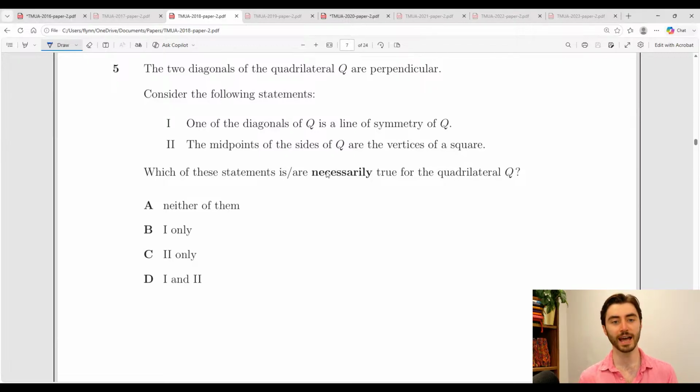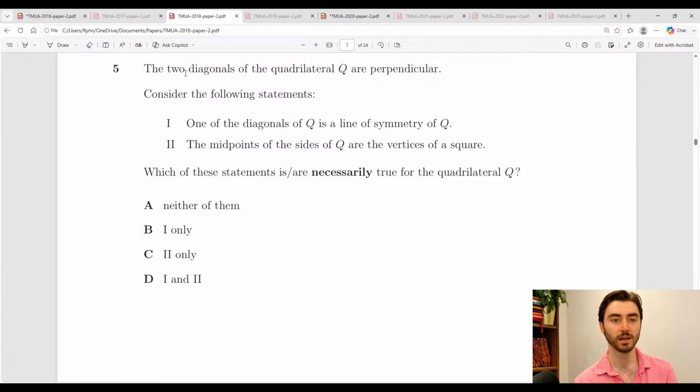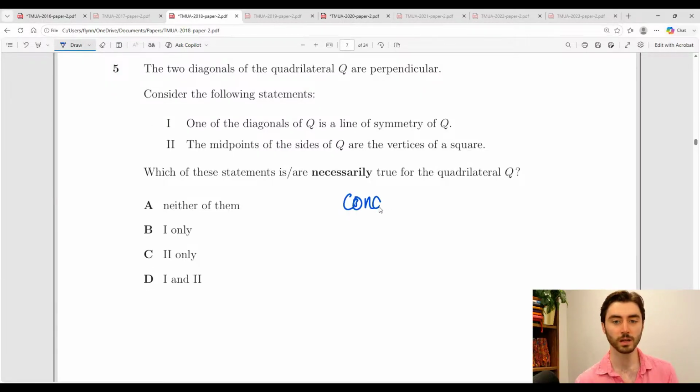In this case, I actually wouldn't use the idea of mapping, but necessarily true means must be true for the quadrilateral. So given that the 2 diagonals are perpendicular, which of these must be true? The actual thing you have to ask yourself is, well, in fact, let's use the idea.